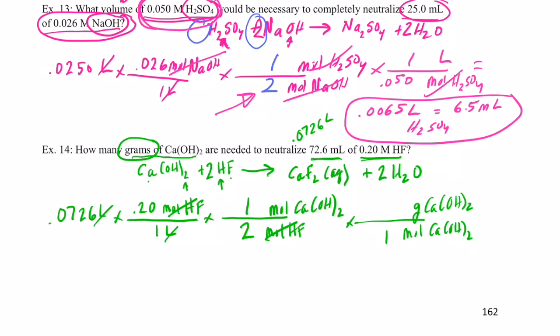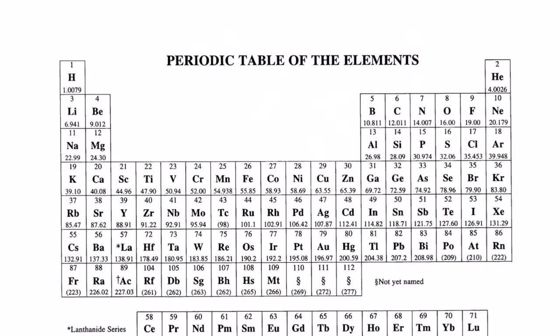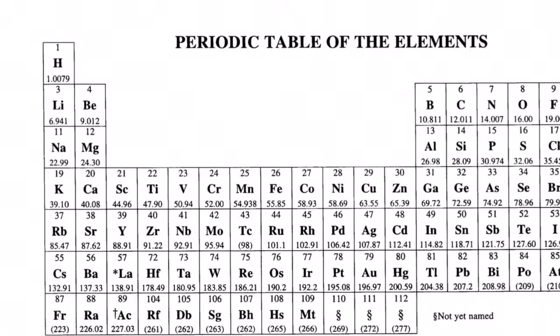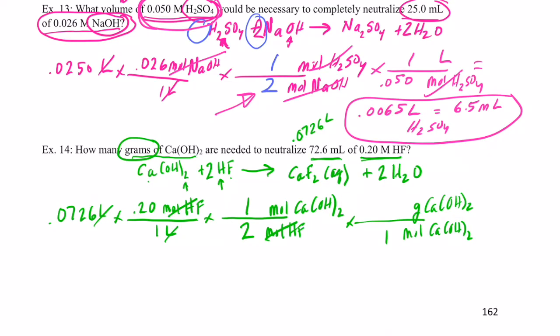So let's go ahead and figure out the formula weight of calcium hydroxide. That shouldn't be too bad. Haven't done this in a little while. Let's go to our periodic table. We will find calcium, and there's 1 calcium. Looks like it is 40.08, plus, let's see what else we have here. We have 2 oxygens and 2 hydrogens as well.